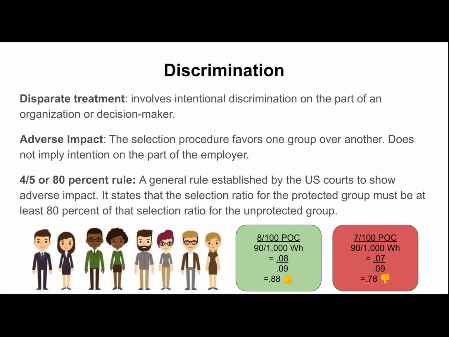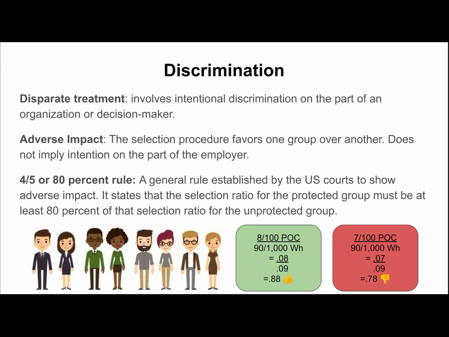However, over in the red box, we see this time only 7 of the 100 people of color were hired. The 90 people stayed the same on the bottom. And when we divide the 7% by 9%, it comes to 0.78. This is less than 0.8. This is less than 80%. So it shows adverse impact.